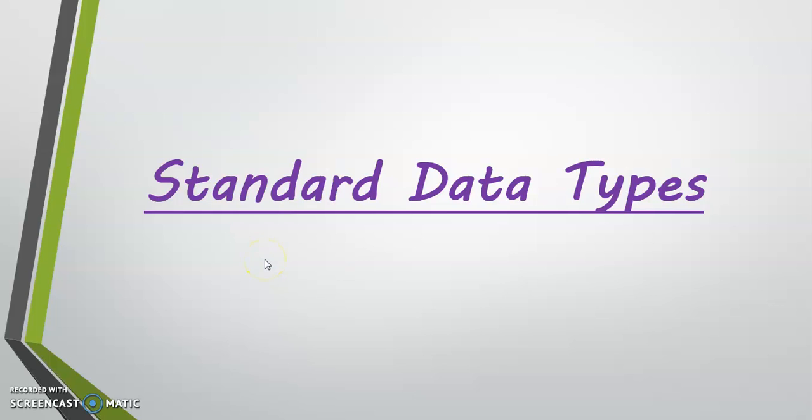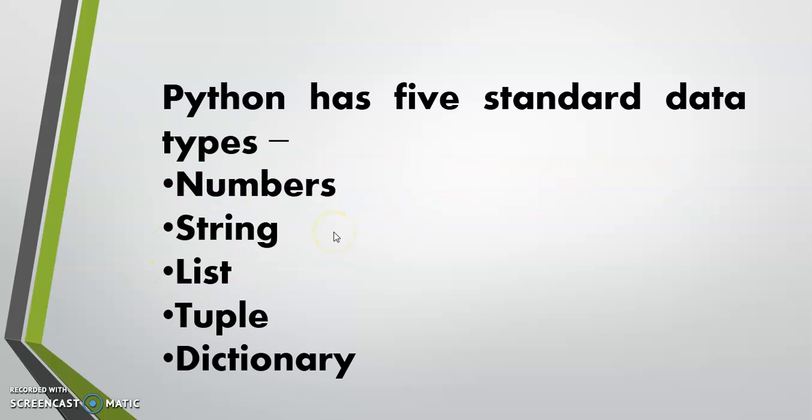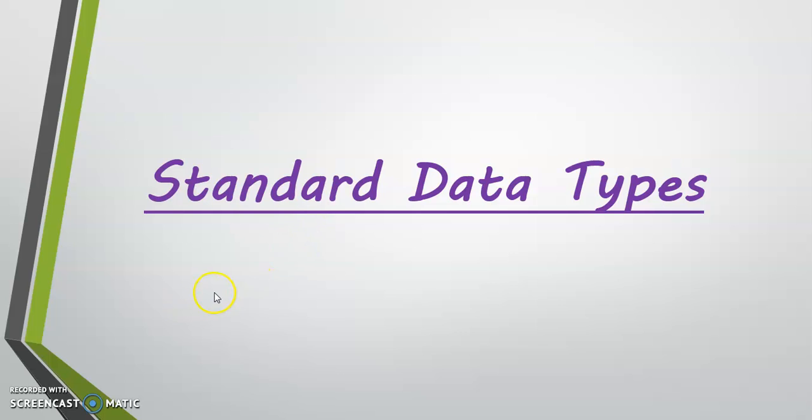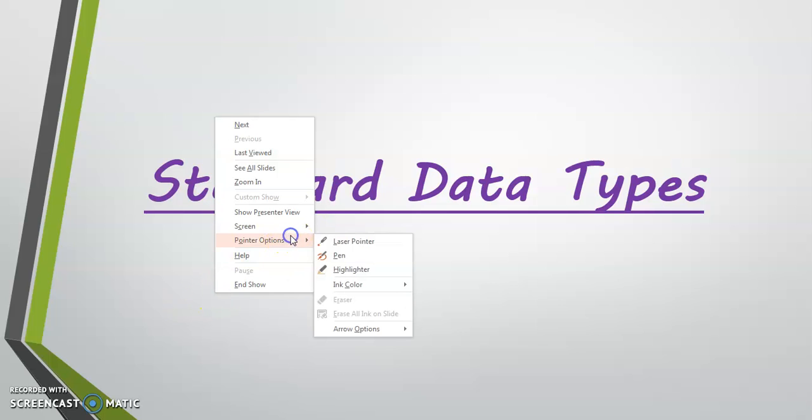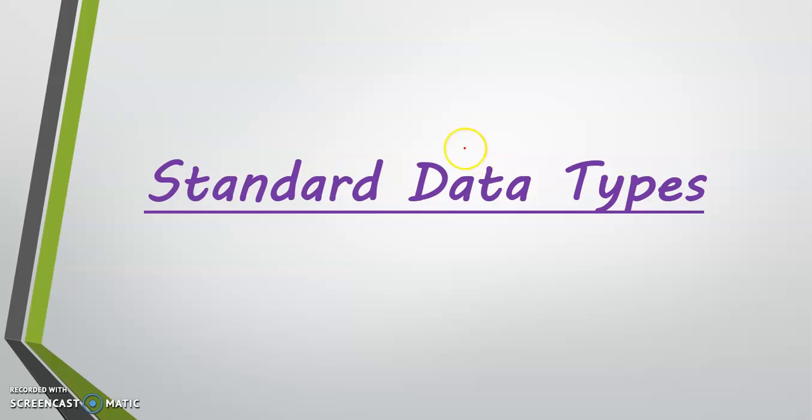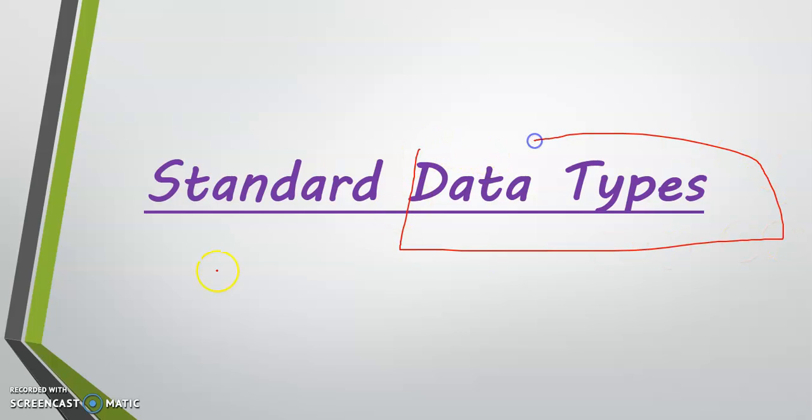So before moving to the explanation of various data types, first we should know what is data type. As you know, memory is divided into some blocks and each and every block contains some data.